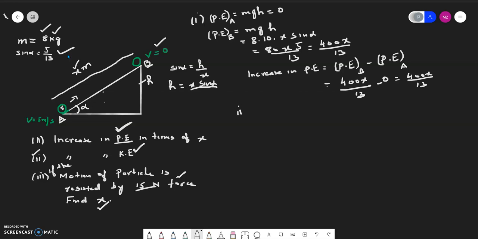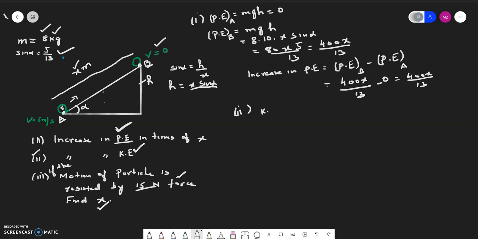Now the second part is related to the kinetic energy. Again we will find the kinetic energy at point A and the kinetic energy at point B. At point A, the velocity of the particle is 5 meters per second.